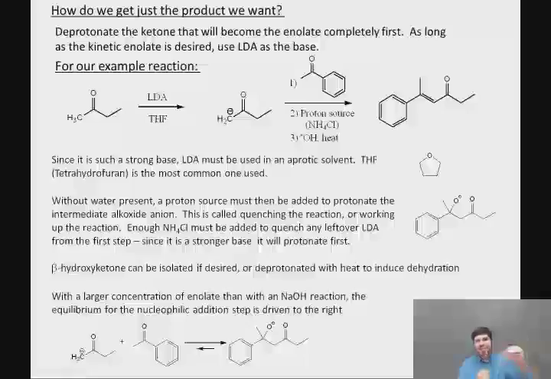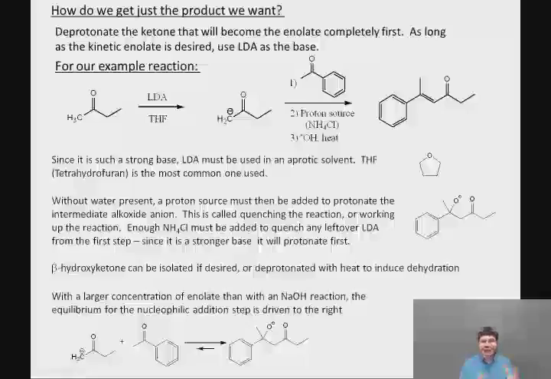However, in this case, where we use LDA as a base, we have a large concentration of enolate present. We have a 1-to-1 stoichiometric ratio of enolate to the added ketone. And in fact, we frequently add the ketone dropwise so that there is an excess of the enolate present.